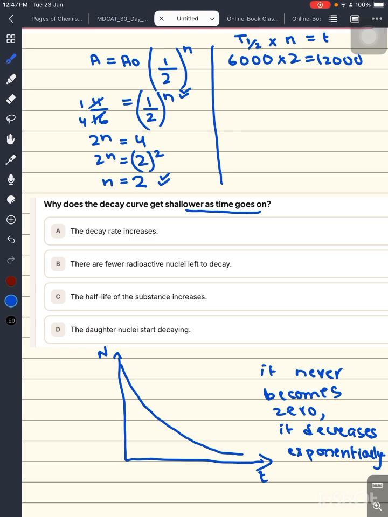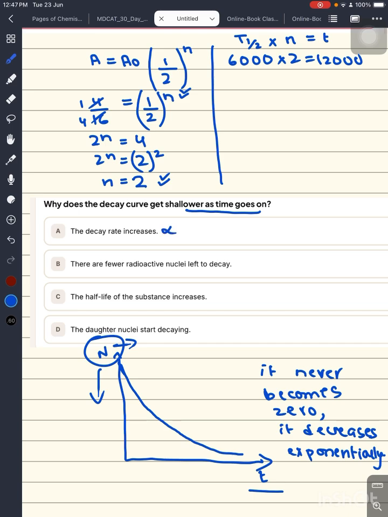So with time, the nuclei decay. When it starts to decay, a very small amount of undecayed nuclei remains. As you can see in this diagram as well, as the time increases, the number of nuclei decreases. The decay rate increases?